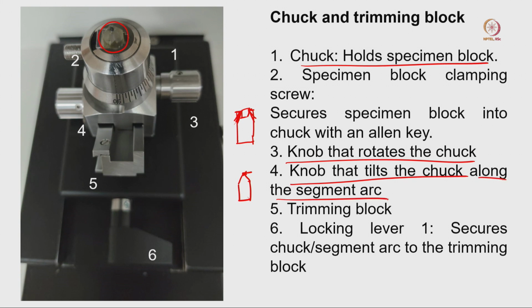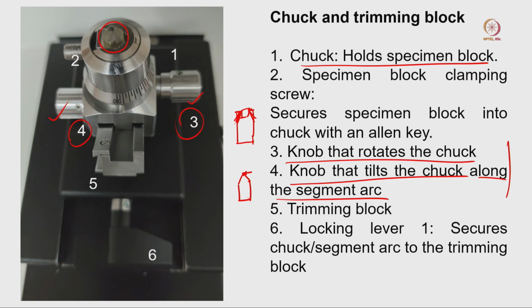If you want to move or tilt the sample to one particular angle, these two knobs, number 3 and number 4, play an important role here. And then the trimming block, number 5, is where you are going to do the trimming and get your sample.